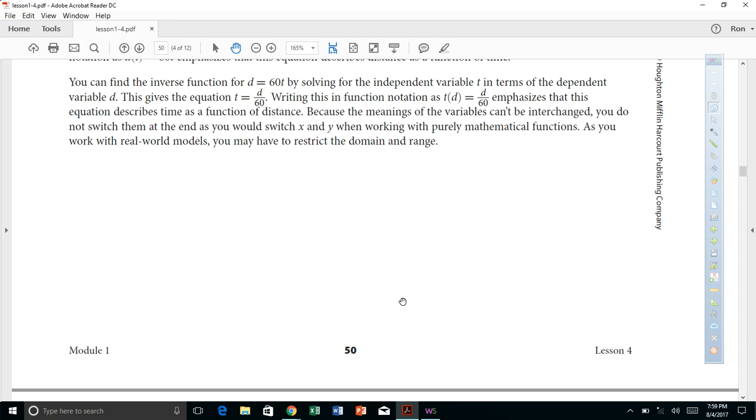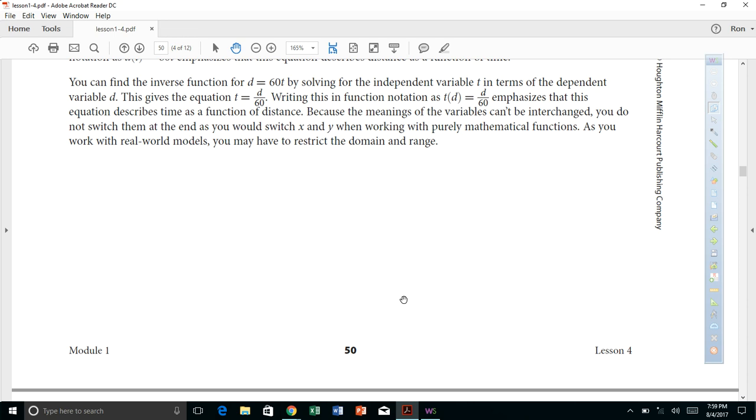You can find the inverse function for d equals 60t by solving for the independent variable t in terms of the dependent variable d. This gives the equation t equals d divided by 60.